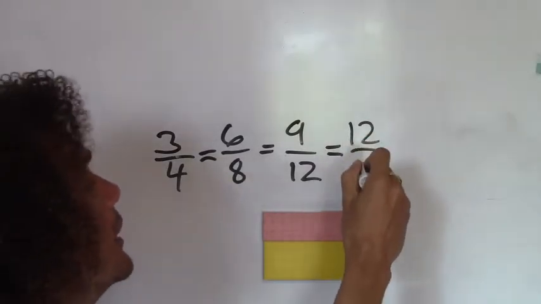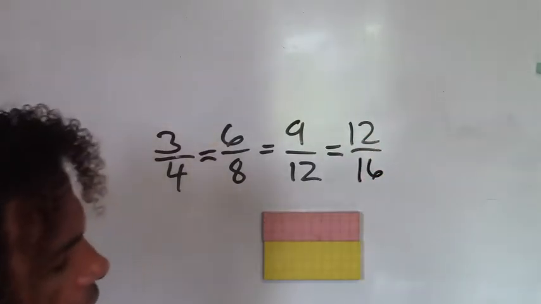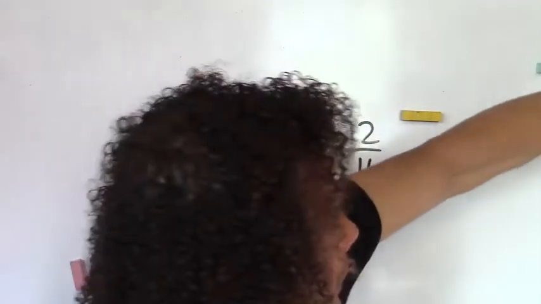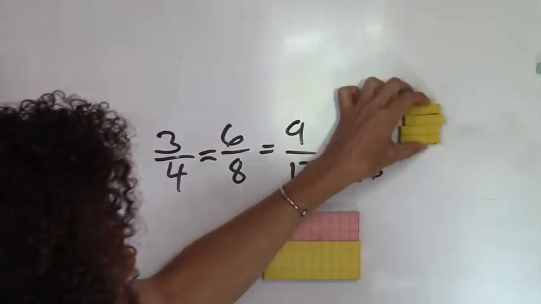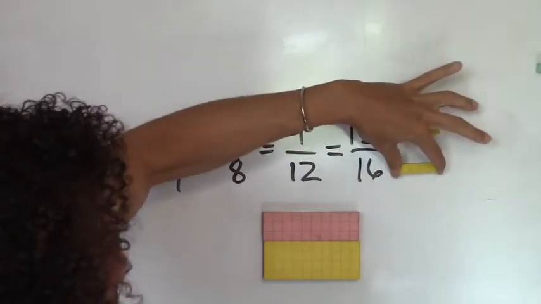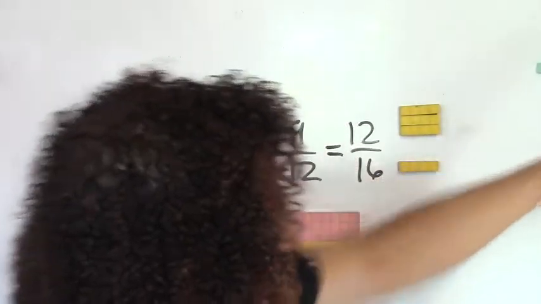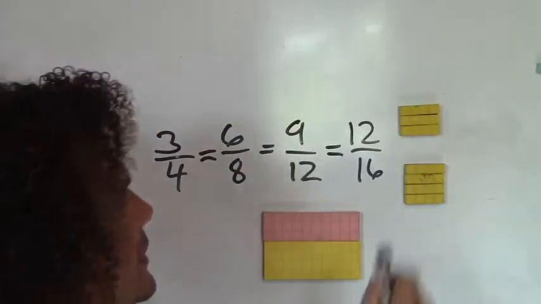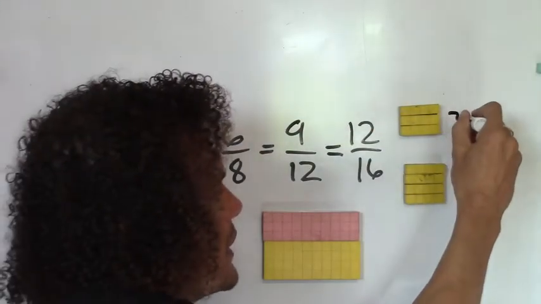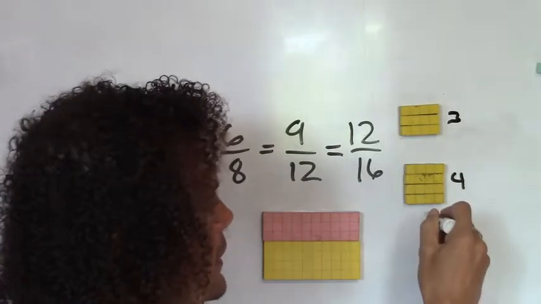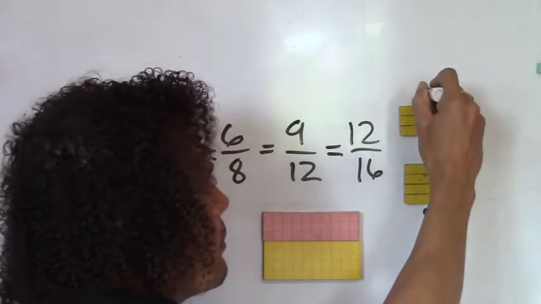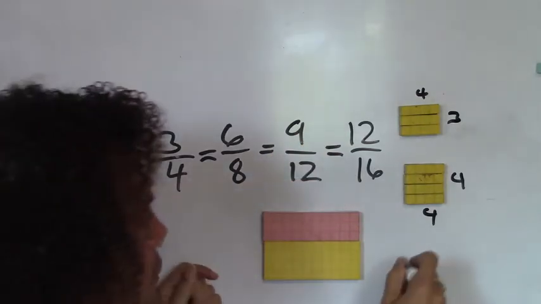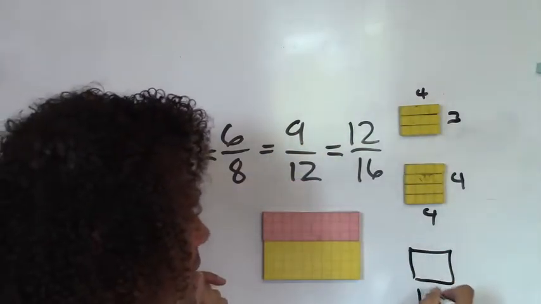Very good. Now see, all we're saying here is that we have 3 of these to 4 of these. And you see over here what I have is this part is the 3, this is the 4, and then this part we moved it over by 4, and this part is over by 4. So there's my 12 to 16. And if I was going to draw a picture of it, it looks like this.